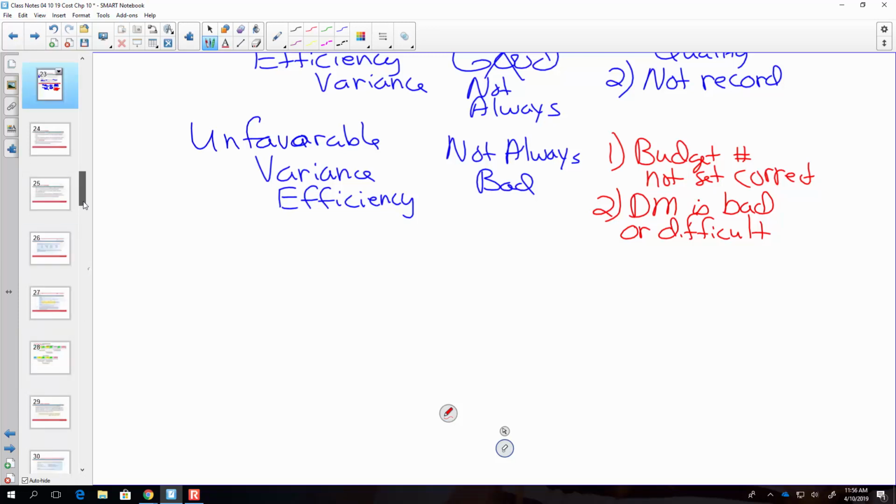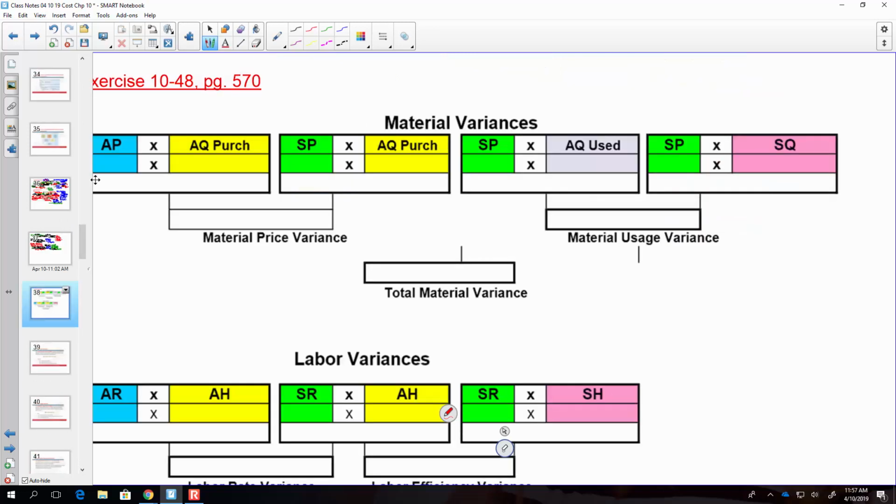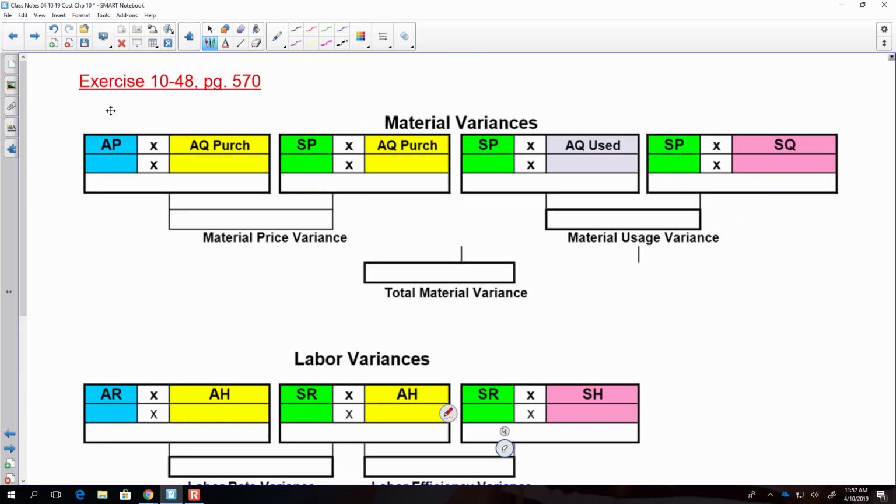I'm going to skip the investigation part till Monday. So what I'd like to do is continue with our templates just to get a little more used to it. I do want to touch on our project problem too before we leave today.